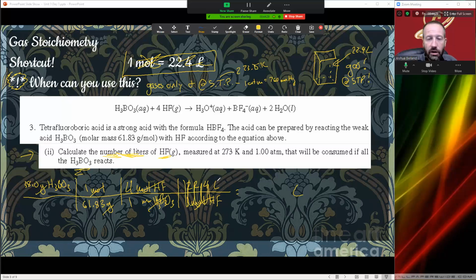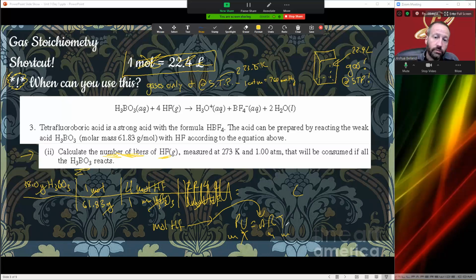I'd have to stop my railroad track here, find the moles of HF, and once I know the moles of HF, I would use PV equals nRT. I would plug in the moles there, and I would solve for the V there. So I'd put in whatever the pressure they told me was, I'd put in whatever the temperature they told me was, if it wasn't at STP, and then R is off the formula chart.